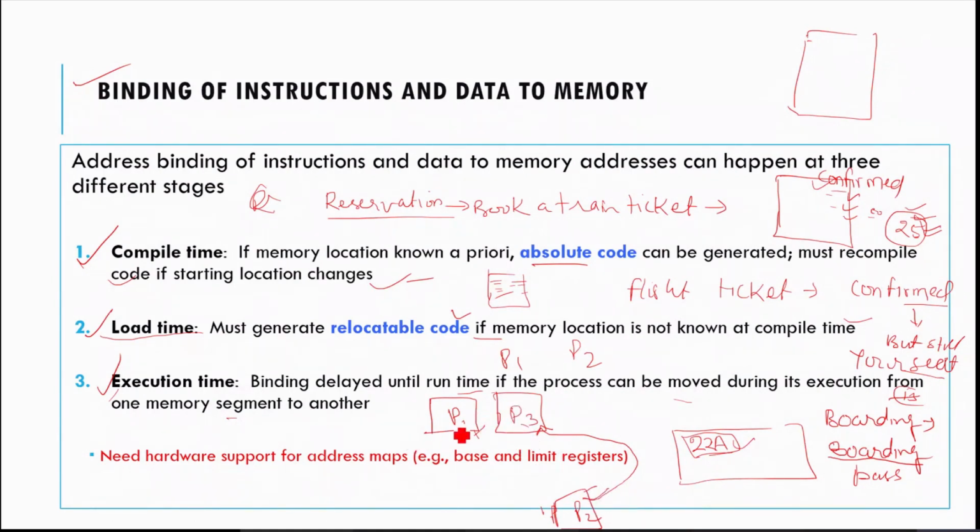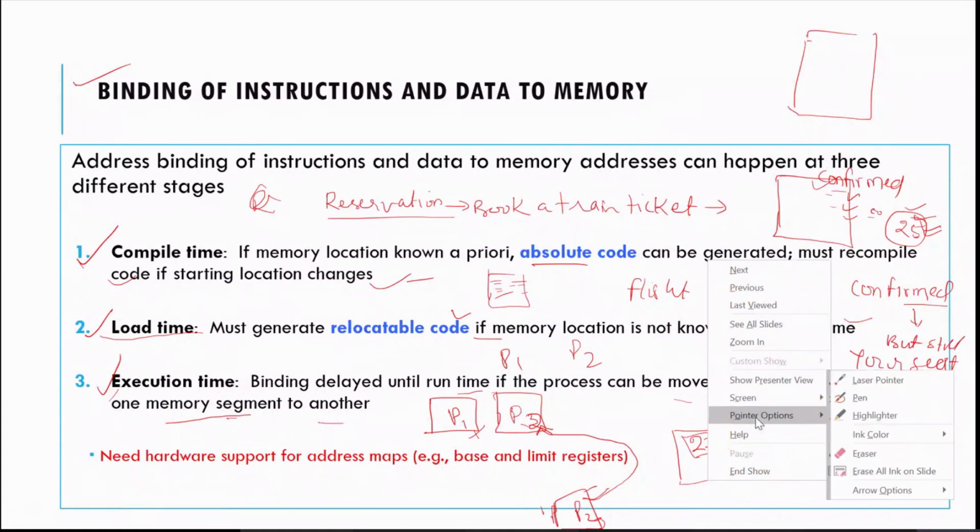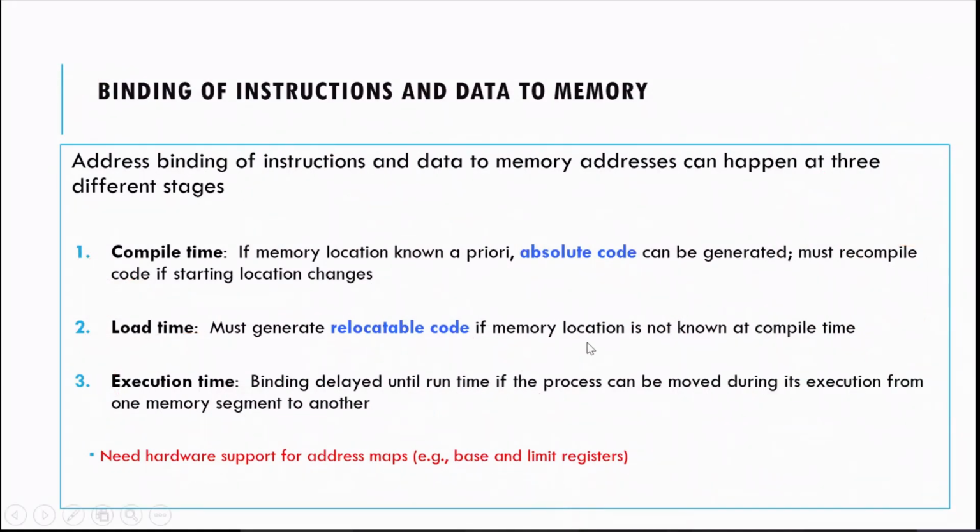So at run time, at execution time, the seats or addresses were fixed again. Now P2 will sit here and P3 will sit there. So movement from one memory segment to another had happened. So these are the three ways of binding of instructions and data to memory: the first one is compile time, another is load time, and the third is execution time.